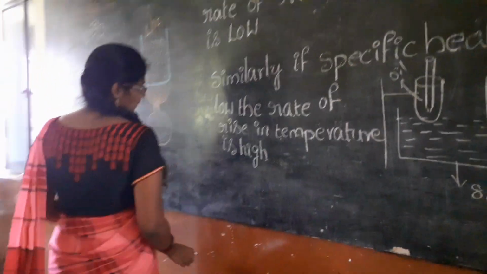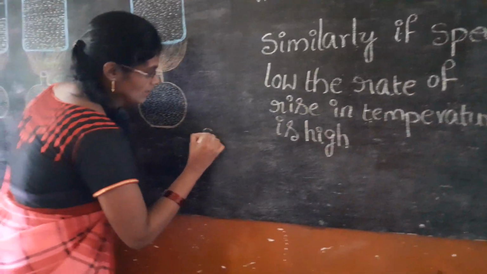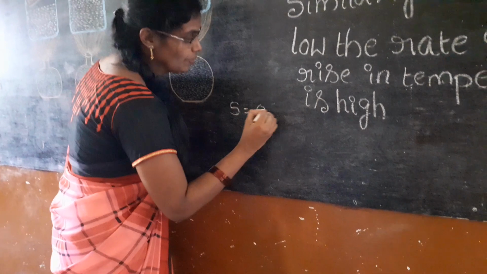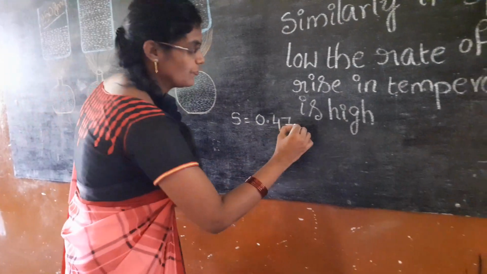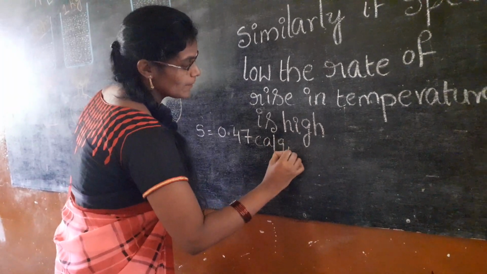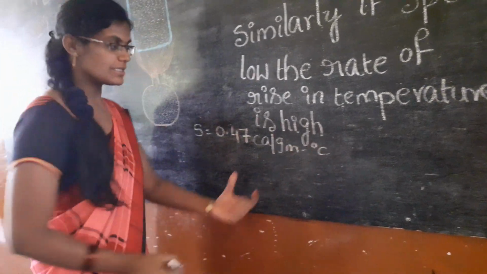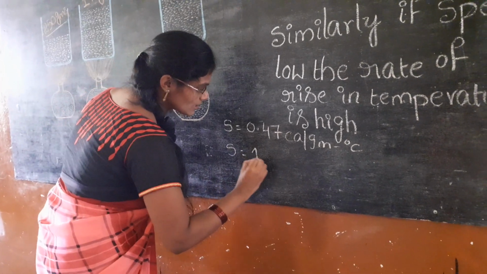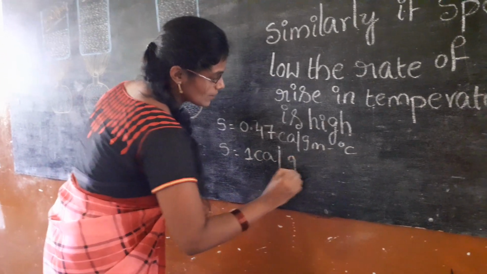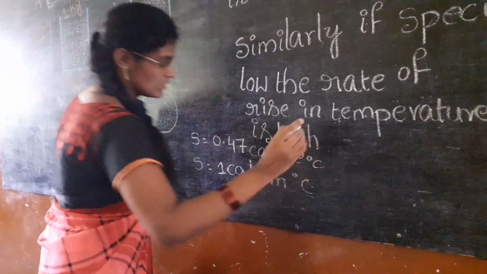For example, if you consider the specific heat of oil, it is 0.47 calorie per gram degree Celsius. Similarly, the specific heat of water is 1 calorie per gram degree Celsius.